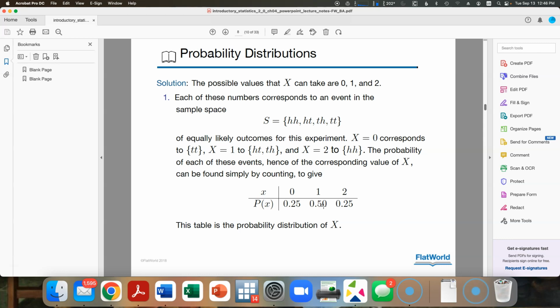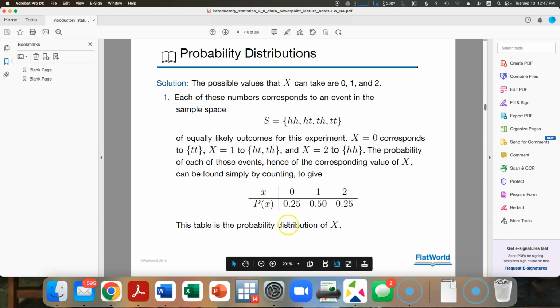It doesn't matter which order things come in, so heads-tails and tails-heads is essentially the same. That's why it's a half. Then there's a 25% chance of getting both heads, which would be 2 heads, and 25% of getting both tails, which would be 0 heads, because X is, again, the number of heads.